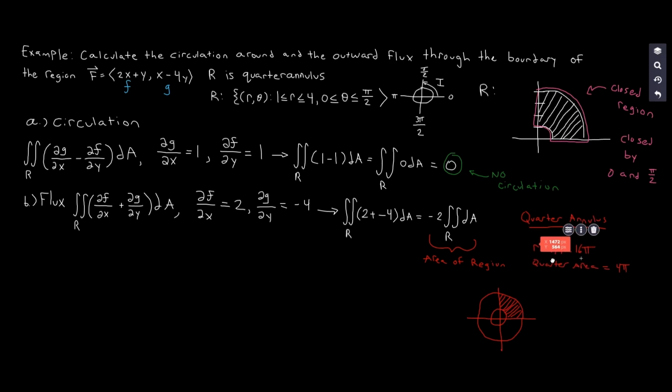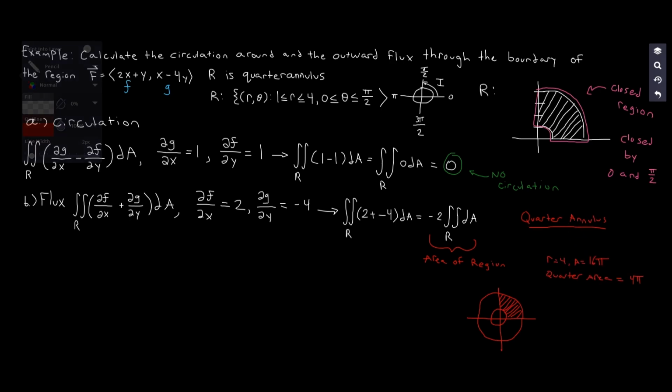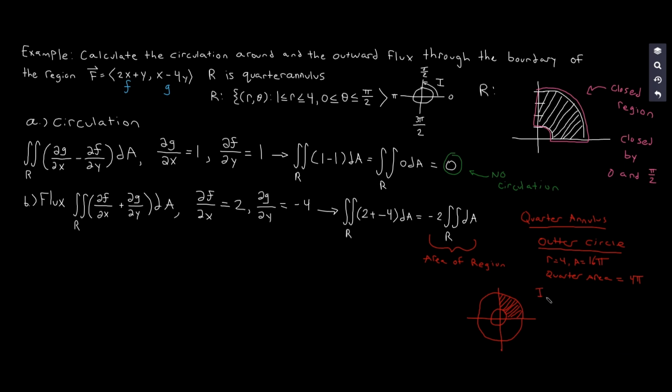I should be specific. Quarter annulus, here, this is the outer circle. And the inner circle is where r equals 1, and the area is pi.